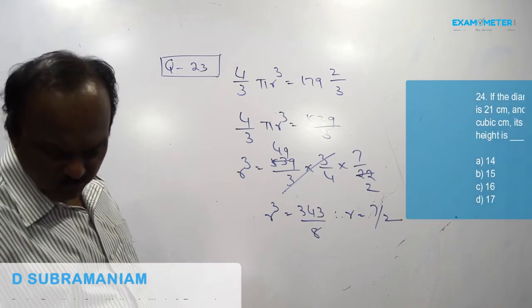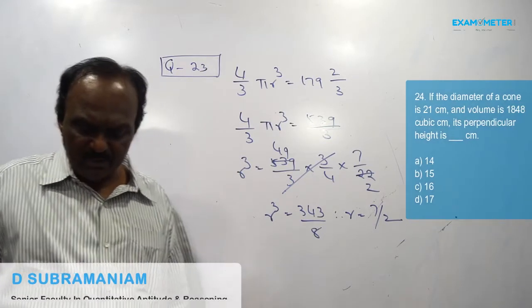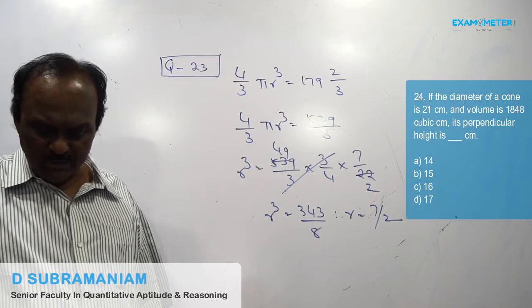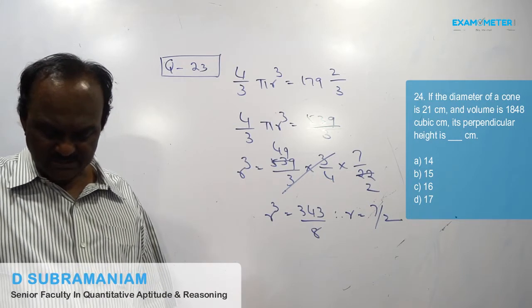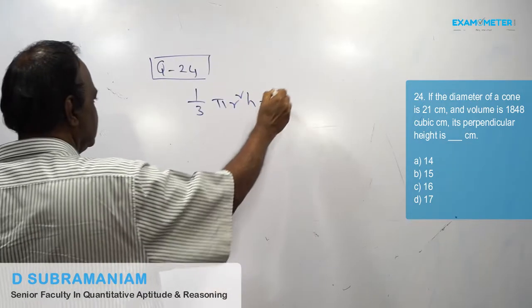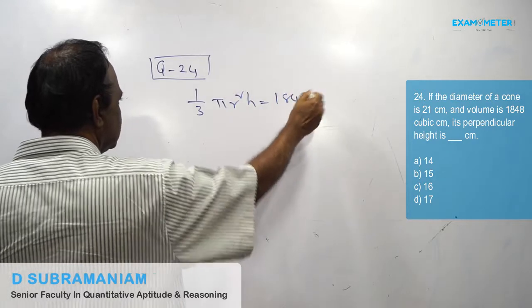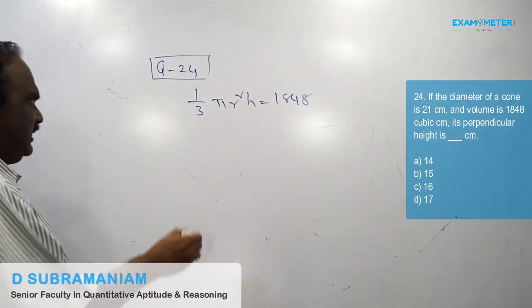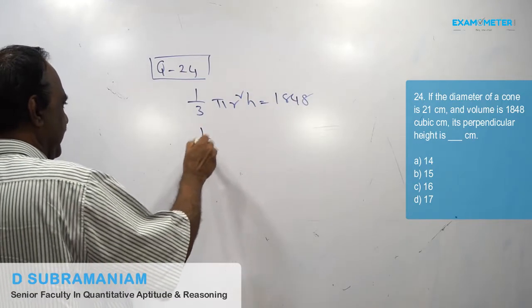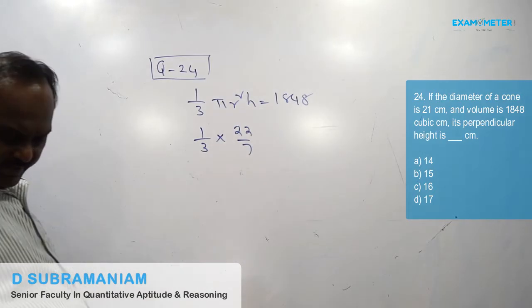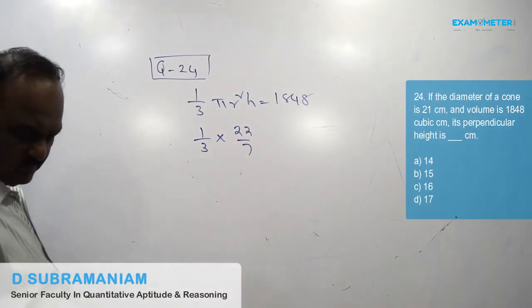Question number 24. If the diameter of a cone is 21 centimeters and volume is 1848 cubic centimeters, its perpendicular height is. We have to find out the height. Diameter is given. So radius will be half of the diameter.